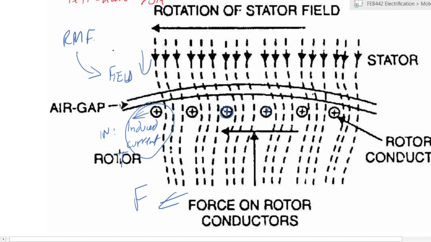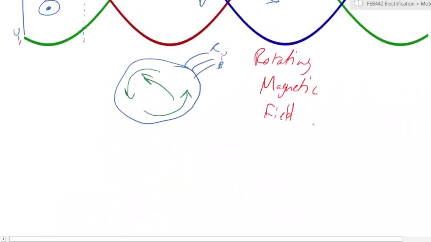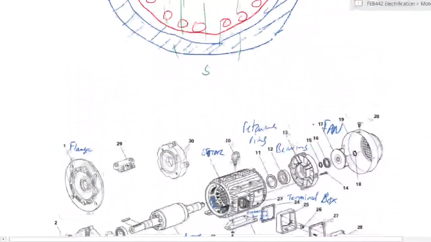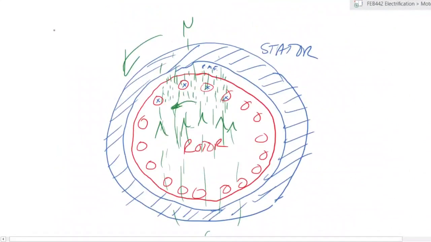Let's put the force in red. So the force is acting on all of these in that direction. And because your rotor is free to rotate, that force will tend to take it that way.